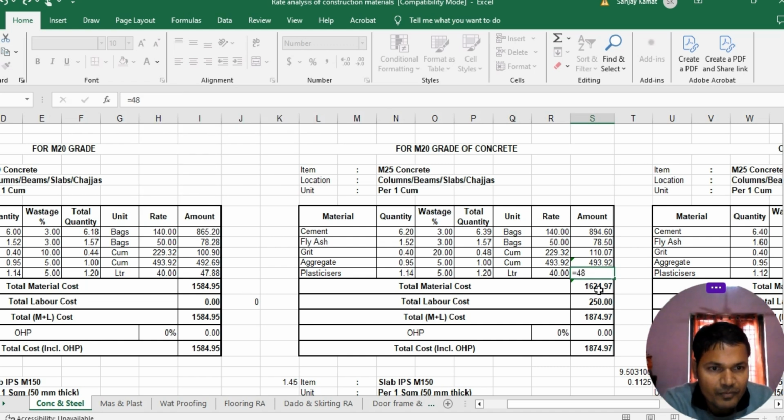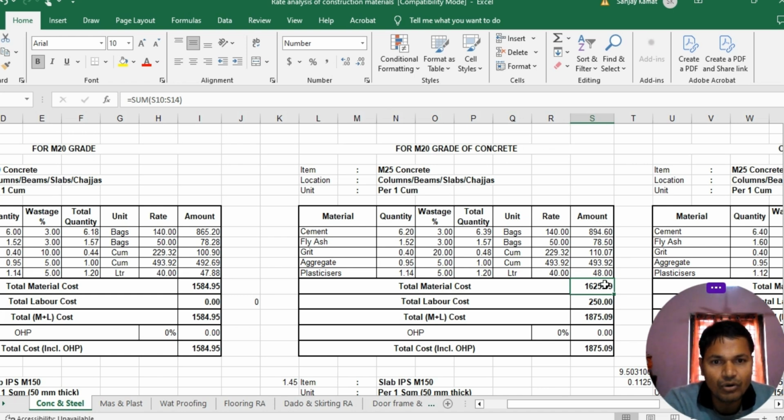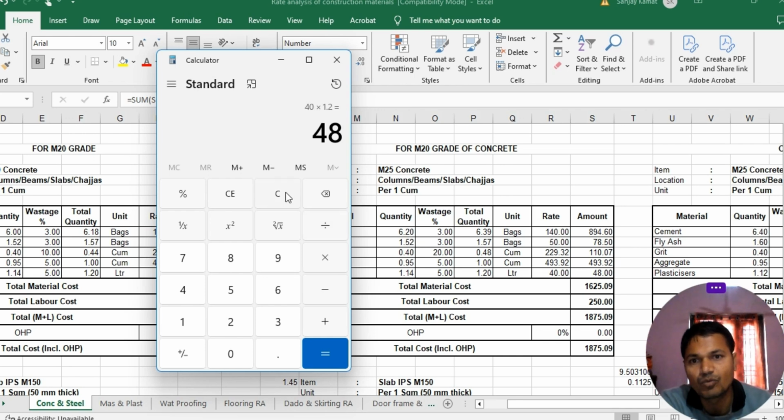So here we have done this. Now do the calculation, sum all of this. After doing the calculation, whatever it comes to, that much only we will write, not more and not less.